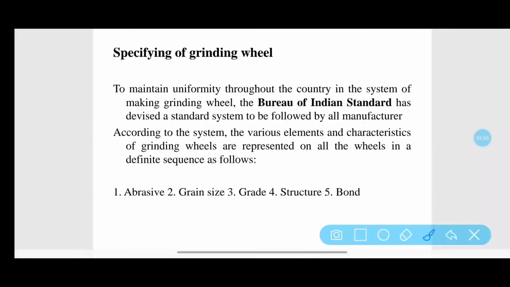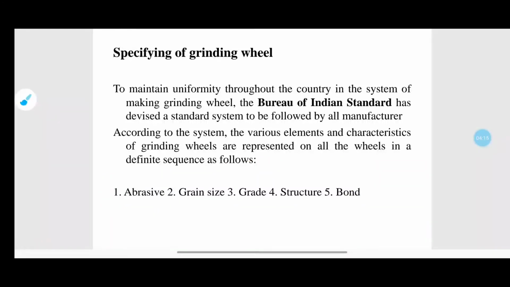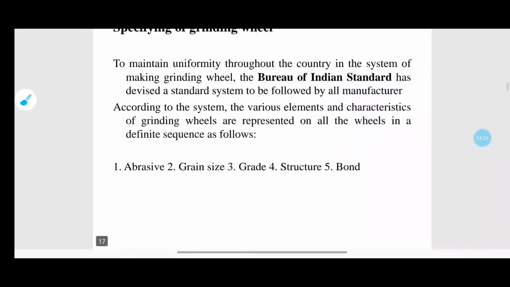This is the sequence they follow in all grinding wheels. The first one is the abrasive, next the grain size, third the grade, then the structure, and the bond. This has been implemented by the Bureau of Indian Standards.